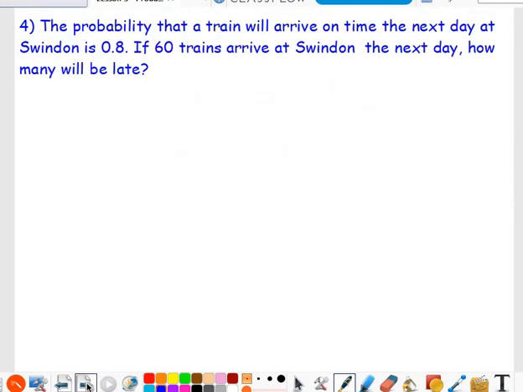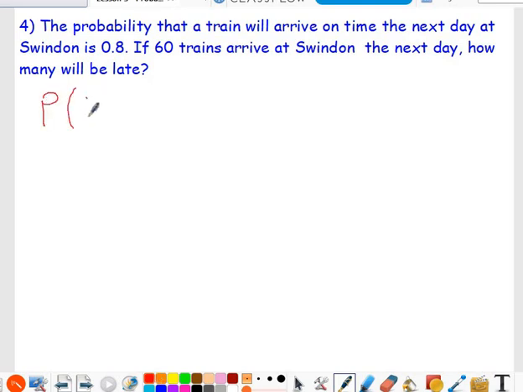Final example then, number 4. The probability that a train will arrive on time the next day at Swindon is 0.8. If 60 trains arrive at Swindon the next day, how many will be late? So, first of all, we need to work out the probability of late.